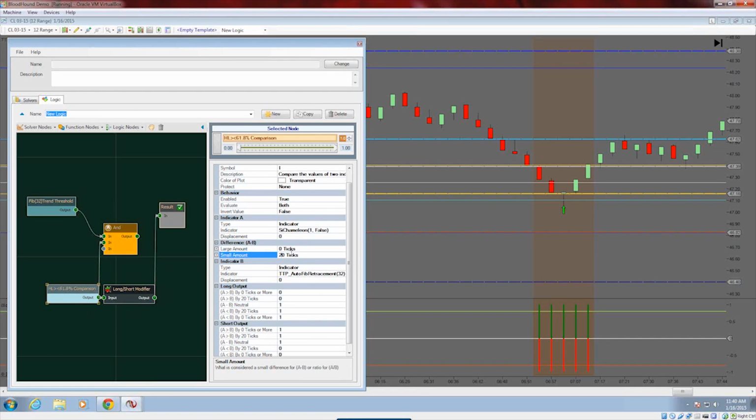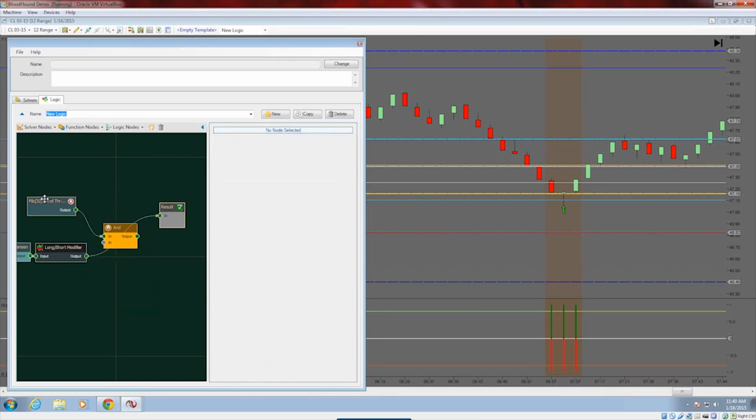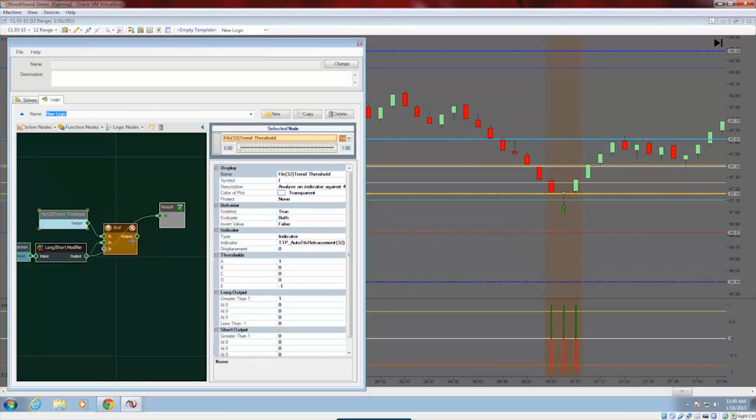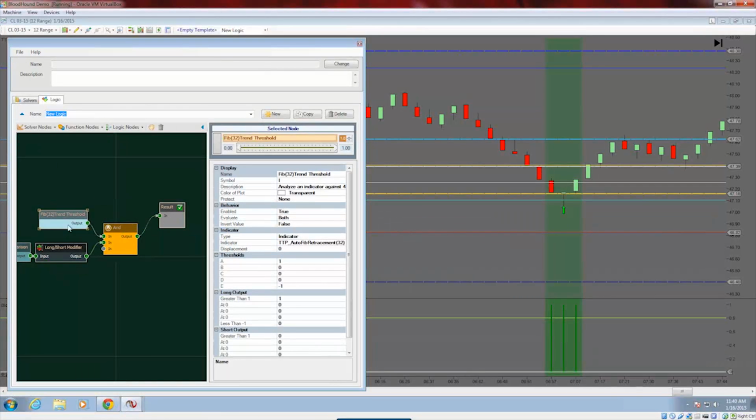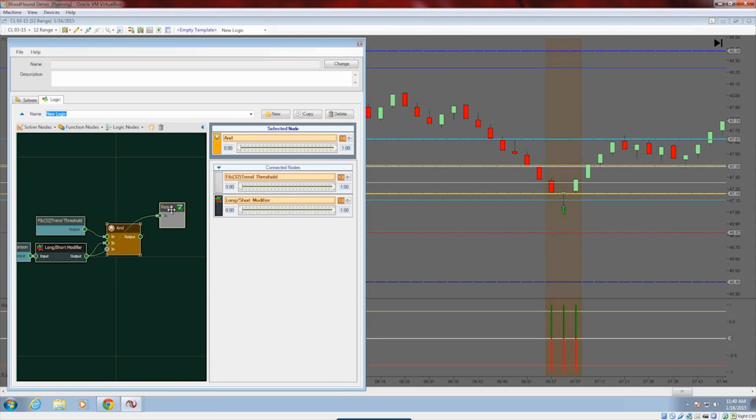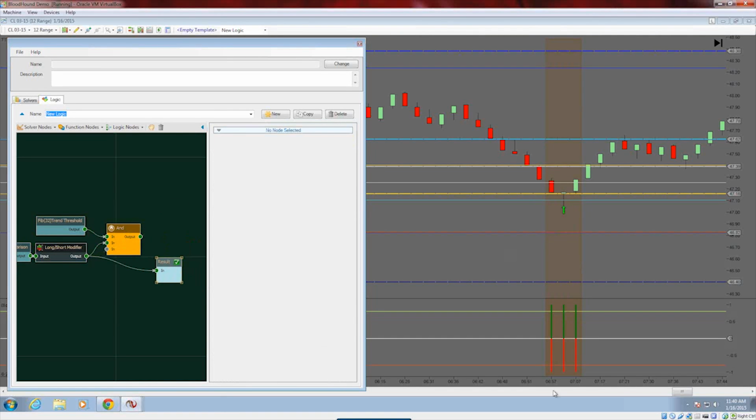All right, so let's get rid of that. Let's just leave it at 2 ticks. So we'll identify these bars that are within 2 ticks of that line. So let's say we want to keep on using this condition. And then I'll connect it here. So you see what happened? With this condition, I'm getting both long and short output.